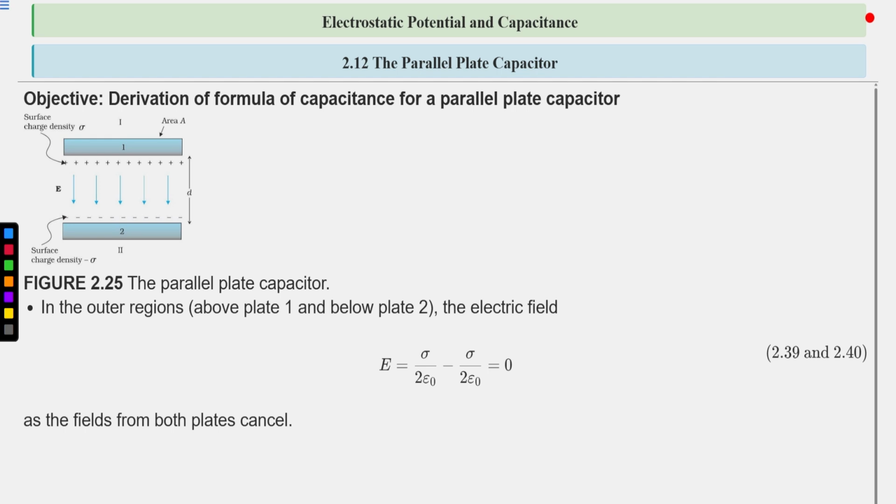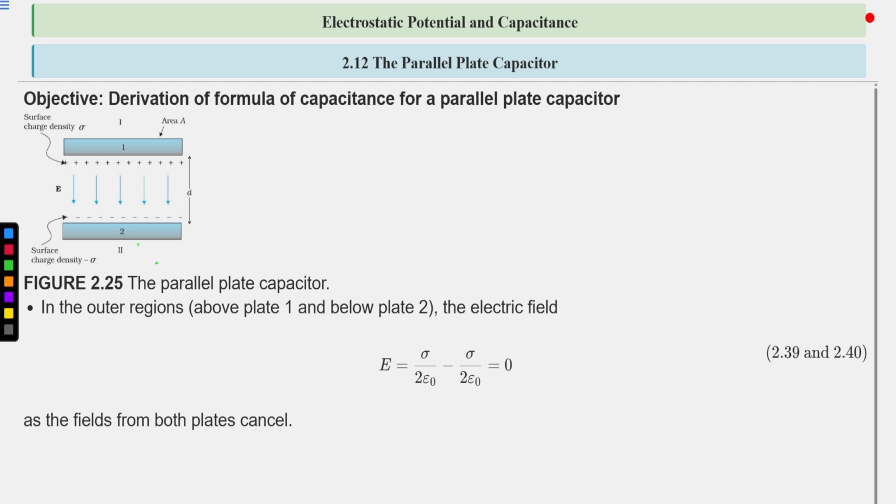So electric field in this second region is sigma by 2 epsilon naught due to these positive charges. Due to these negative charges, again electric field in this region is minus sigma by 2 epsilon naught.